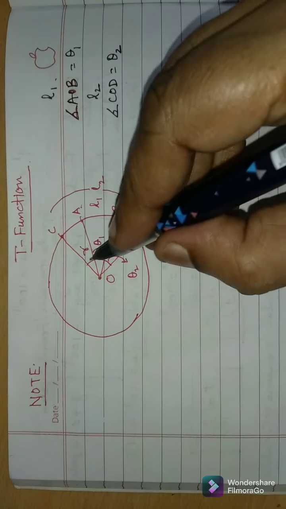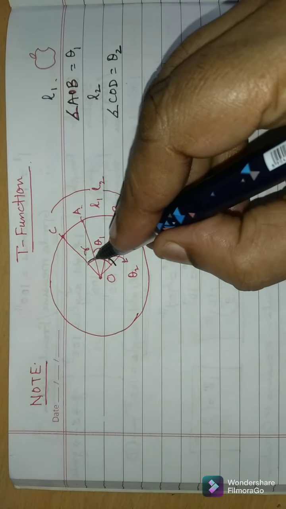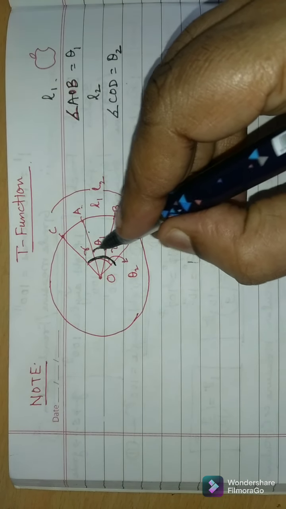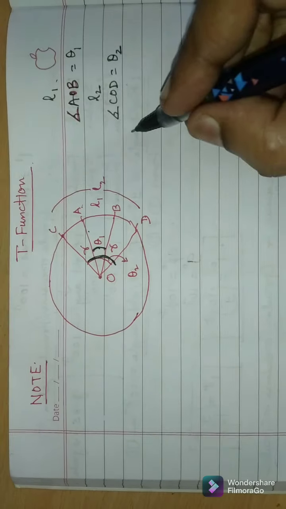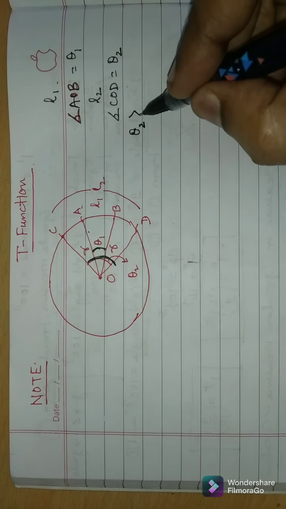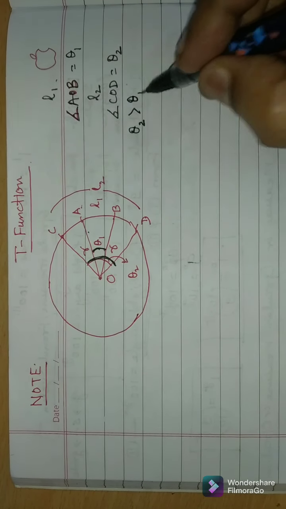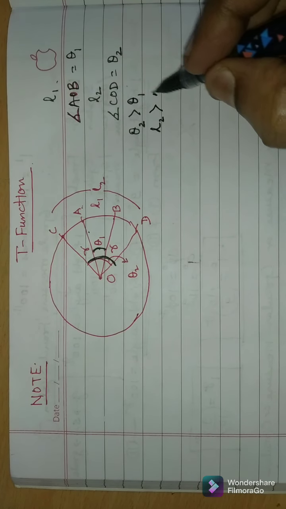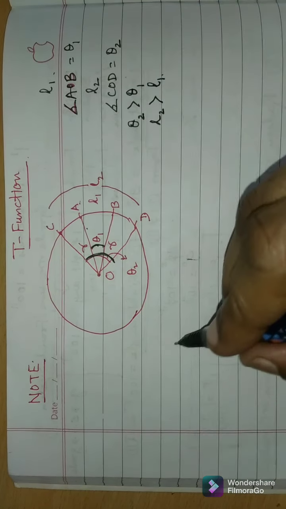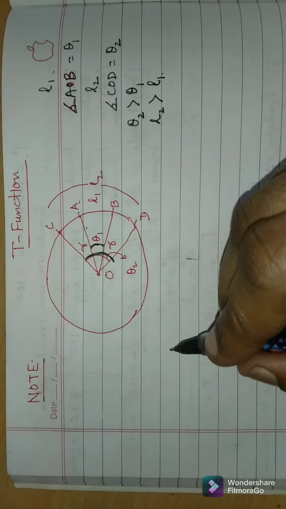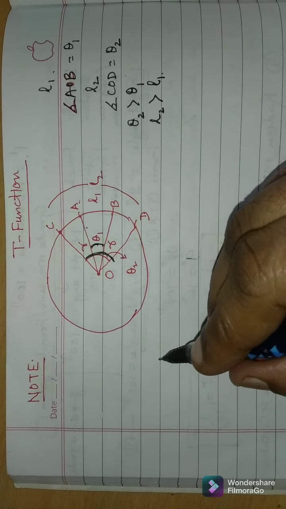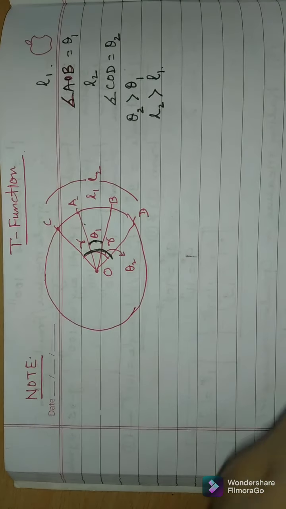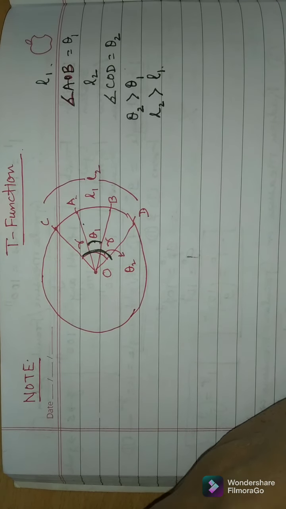So in the figure this is θ2 and here this angle is θ1. So obviously θ2 is greater than θ1 and the length of arc L2 is greater than L1. So it means that when the length of the arc increases, the angle made by the arc at the center also increases.